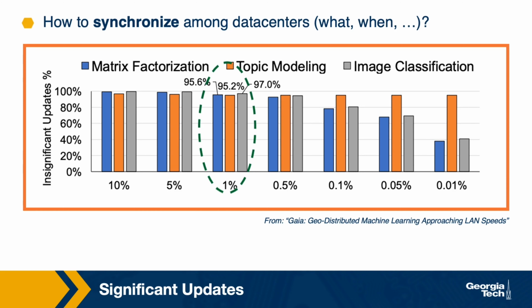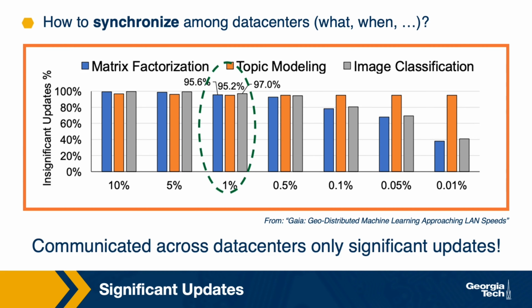The authors performed an experiment in which they look at how much the model changes with each of the gradient updates. On the x-axis in this graph, they plot the percentage of the change in the model, and on the y-axis, they plot the number of updates which didn't result in a change that was greater than the x value. If we look at the 1% value, we see that they measured that anywhere from 95 to 97% of the updates were not significant, meaning that they led to a change smaller than 1%.